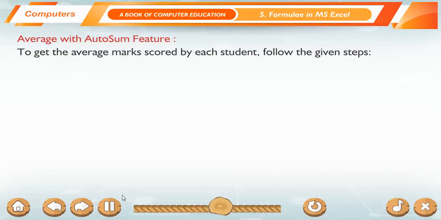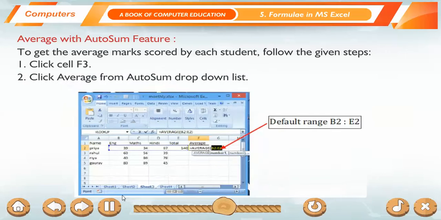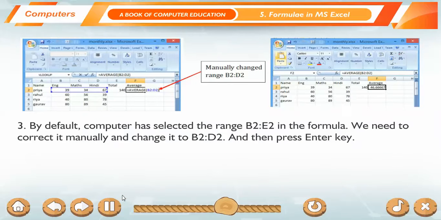Average with AutoSum feature. To get the average marks scored by each student, follow the given steps. Click cell F3. Click Average from AutoSum drop-down list. By default, the computer has selected the range B2:E2 in the formula.